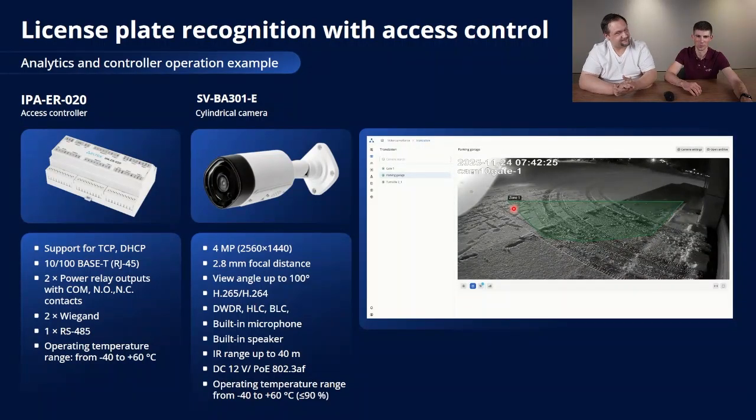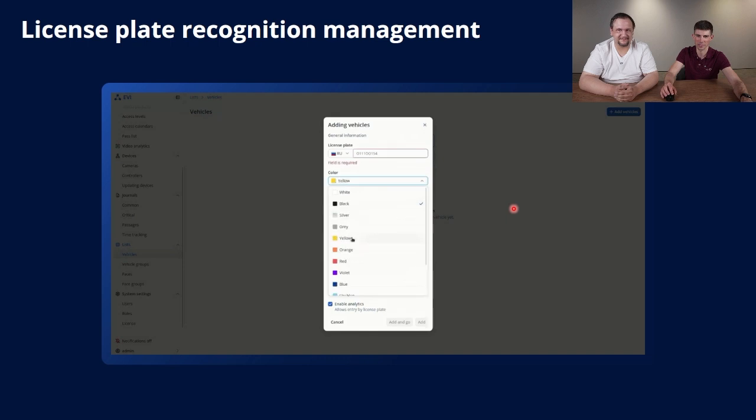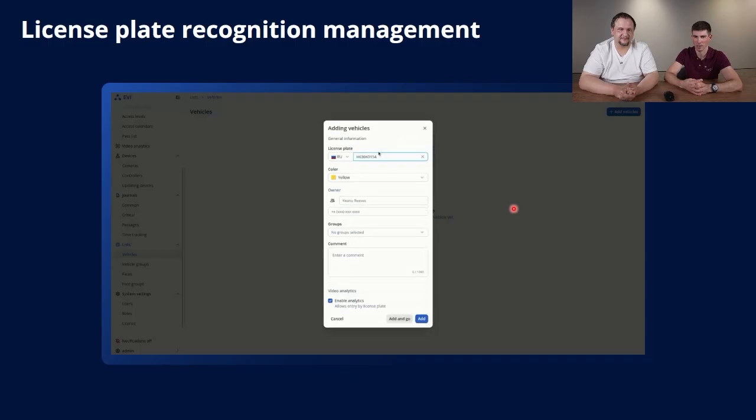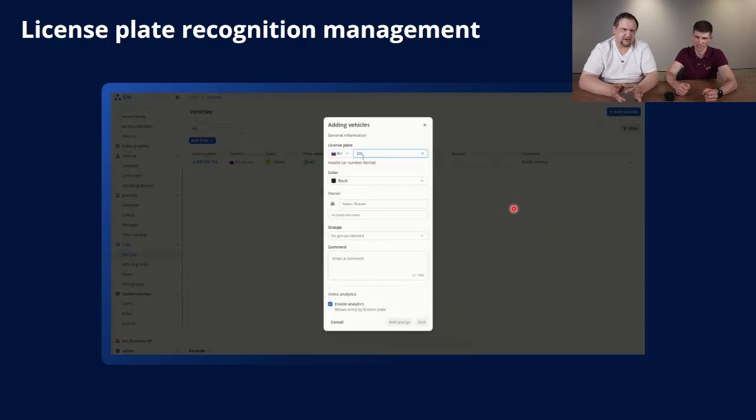Yeah, from -40 to +60, which probably should cover most of the use cases. And again, behind the scenes, can you tell us a little bit more how we can set up an employee's car? Yes, we can add numbers of cars with some additional details to a list.